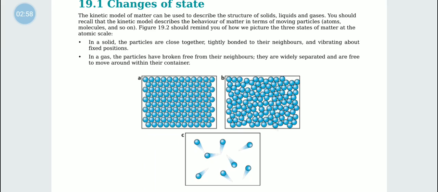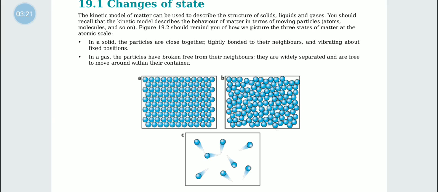Then this change of state can actually be explained by the kinetic model of matter. The kinetic model of matter explains that materials are in continuous and constant motion. This constant and continuous motion can depend on certain factors.